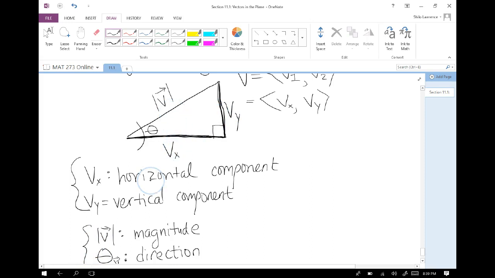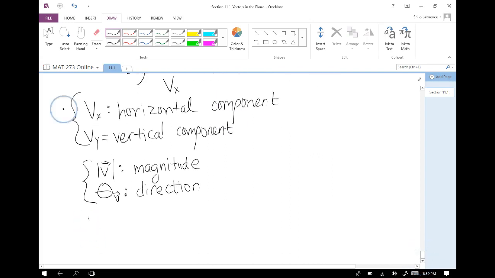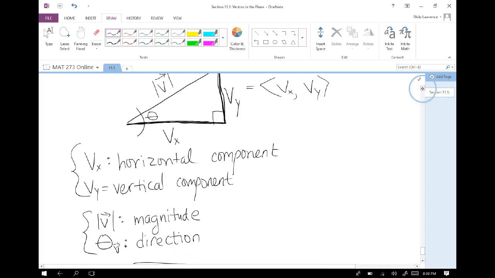So like we said earlier, magnitude is just like the Pythagorean theorem. So we can take components and find magnitude by doing the Pythagorean theorem, v sub x squared plus v sub y squared. If all we know is our components and we want to find the direction theta, anytime you are trying to figure out a relationship between sides of a right triangle and an angle within the triangle, it's going to involve trigonometry.